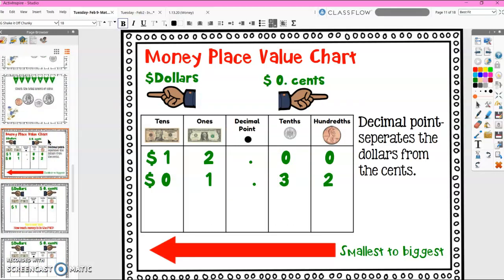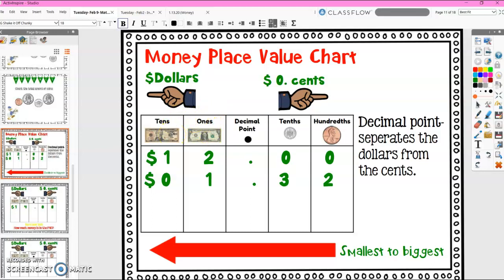So of course, when we are adding and subtracting, we use a place value chart. Well, here, this is a money place value chart, which is a little bit different than our regular place value chart. So let's look at this chart and see what we have. One thing I noticed about this chart on this side is it has a ones and tens place.